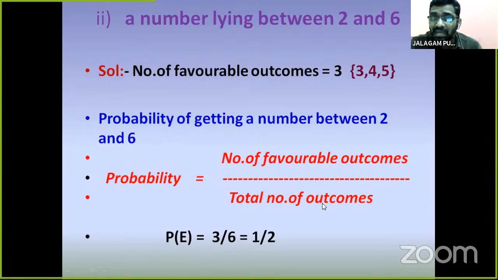When we substitute the favorable outcomes and the total number of outcomes, we get 3 by 6. Here also 3 ones are 3, 3 twos are 6, so the answer is 1 by 2. So, children, the probability of a prime number is 1 by 2, and of a number lying between 2 and 6 is also 1 by 2, 50%.